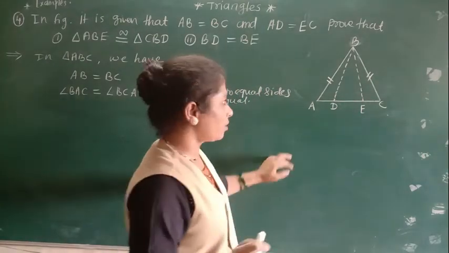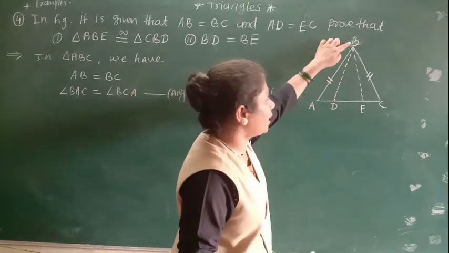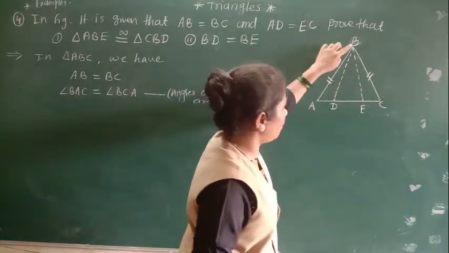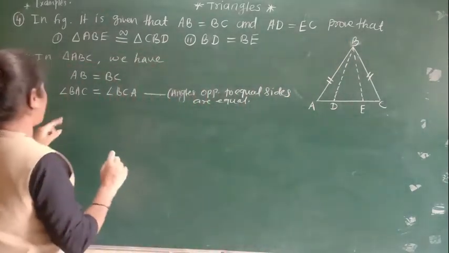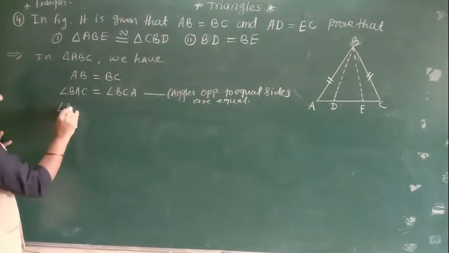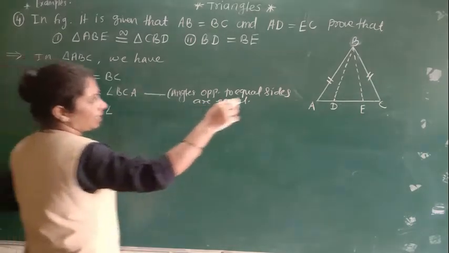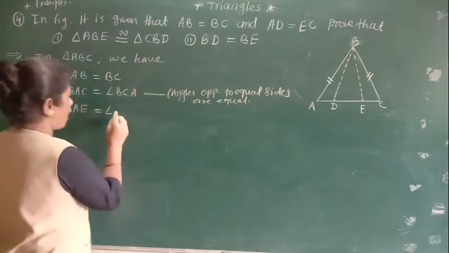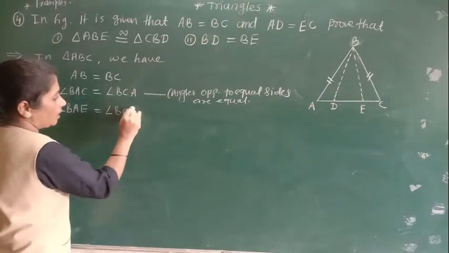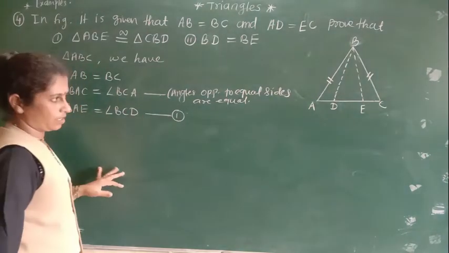There will be no change, only the letters change, because the angle measure remains the same. So instead of angle BAC I will write angle BAE, and instead of BCA I will write angle BCD. I will write this here as the first statement.